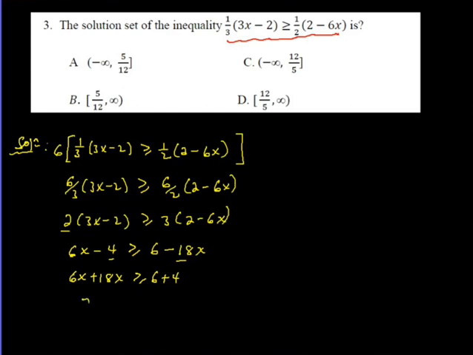So this is 24x is greater than or equals to 10. Okay, now divide both sides by 24. This means x is greater than or equals to 10/24. Now when simplified, by 2 it's 5, by 2 it's 12.